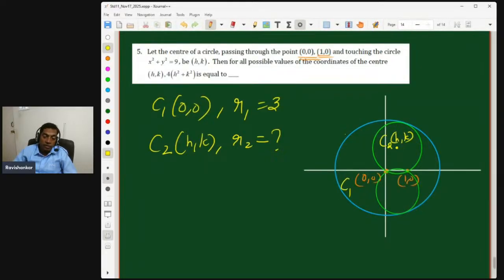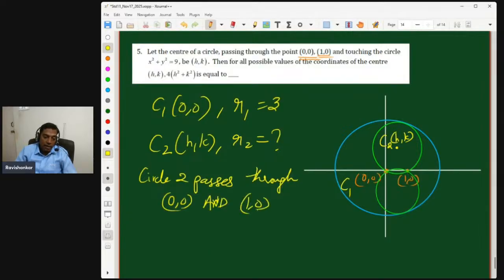We don't know what H and K are, but we know that circle 2 has center H comma K. Circle 2 passes through 0, 0 and 1, 0. Now, we know that R2 is therefore root of H squared plus K squared. Why? Because this is R2.